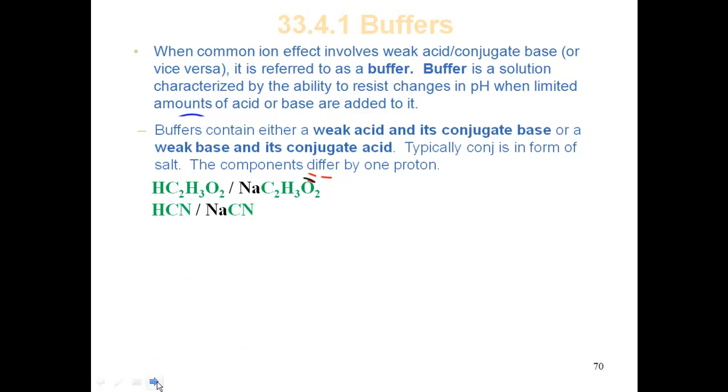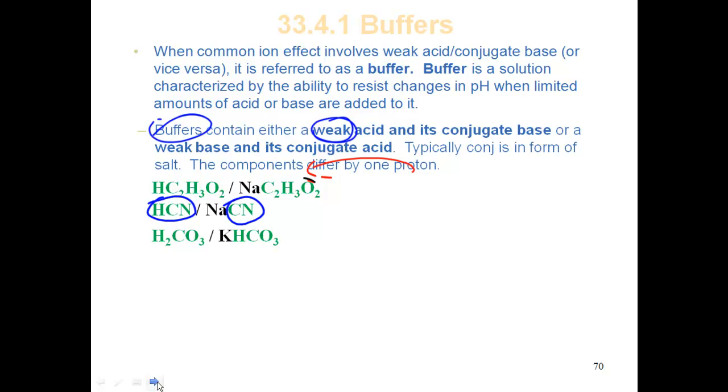What about hydrogen cyanide and sodium cyanide? Is that a buffer? Well, it has an acid, it's a weak one, and it has its conjugate base. Yes, that's a buffer. What about carbonic acid and potassium bicarbonate?